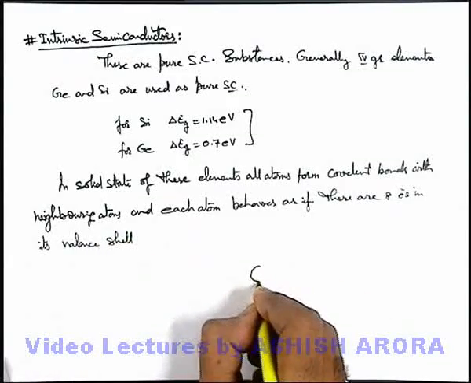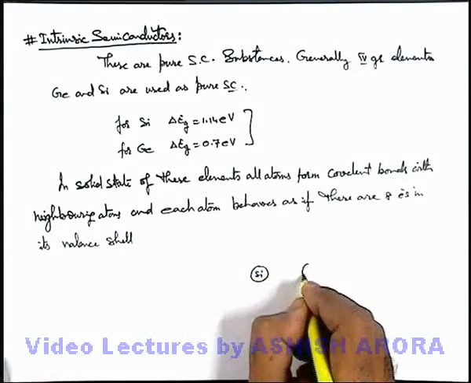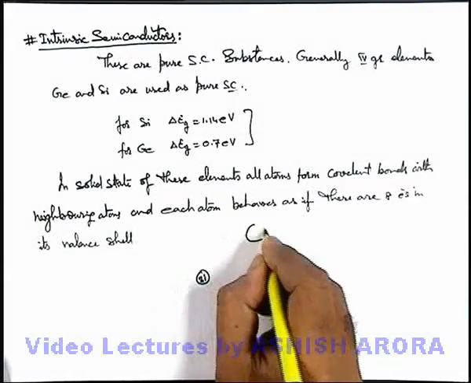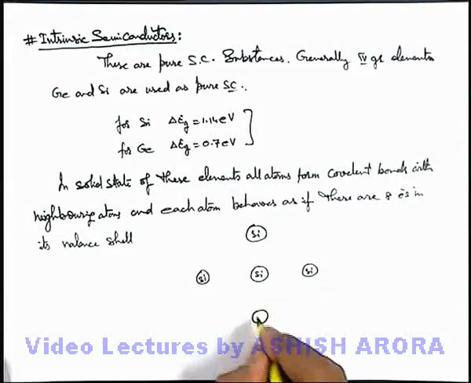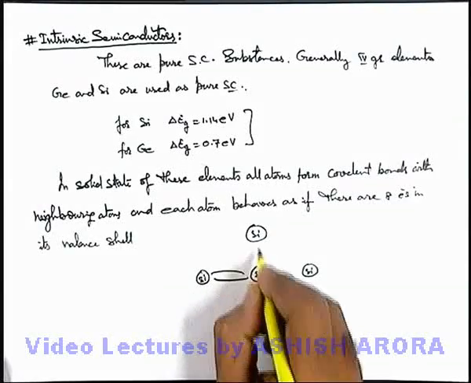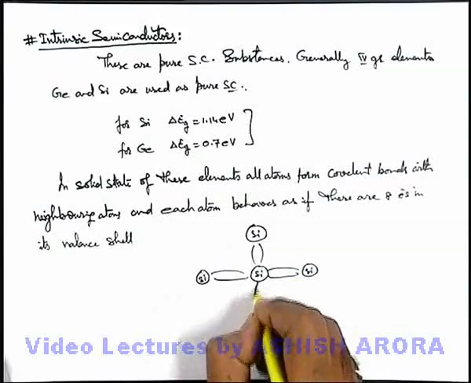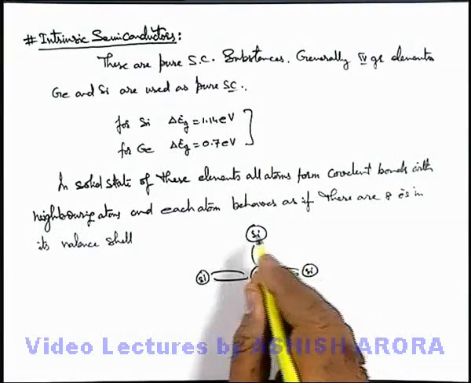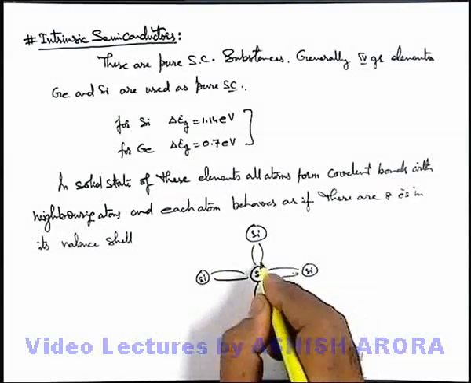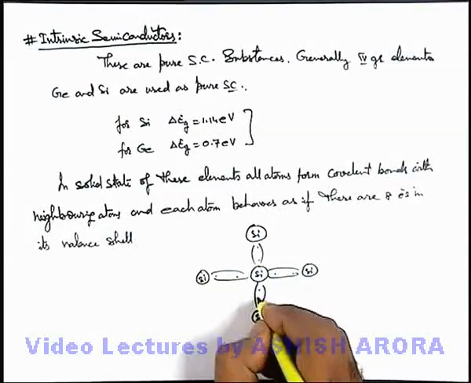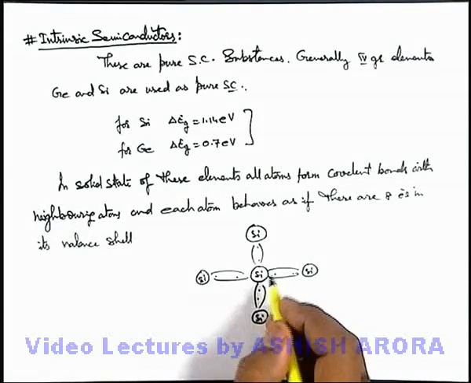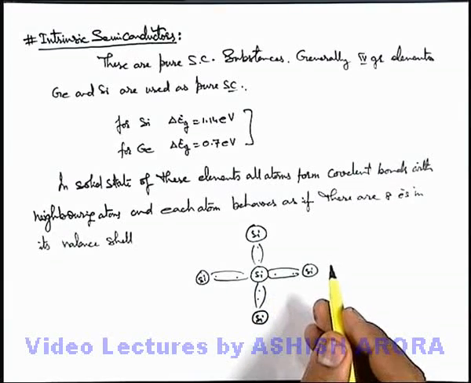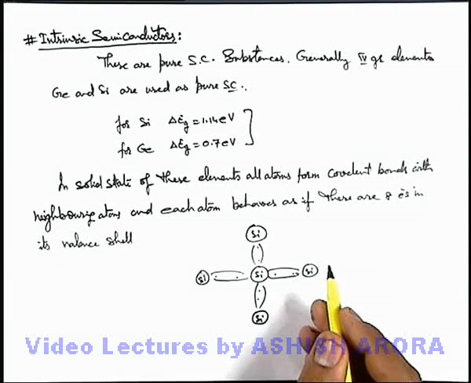Reason is, if we just talk about a silicon atom in solid state, it is making 4 covalent bonds with the neighboring 4 silicon atoms. So each silicon will be making 4 covalent bonds with the neighboring silicon, and the similar is the state for other silicon also. So corresponding to each silicon in valence shell, there are 8 electrons, and from these valence electrons, some electrons will shift to conduction band at room temperature to conduct electricity.